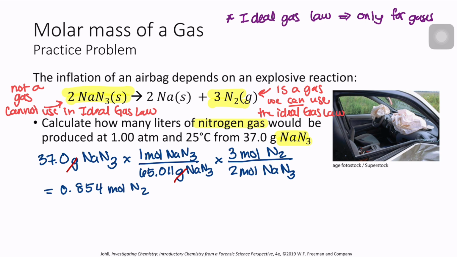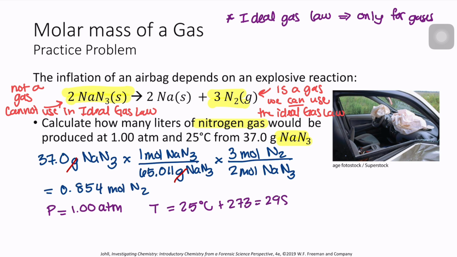Now I can see what all of my numbers mean. Pressure is 1 atmosphere. Temperature is 25 degrees Celsius. Yep, you got it. We have to change that into Kelvin.